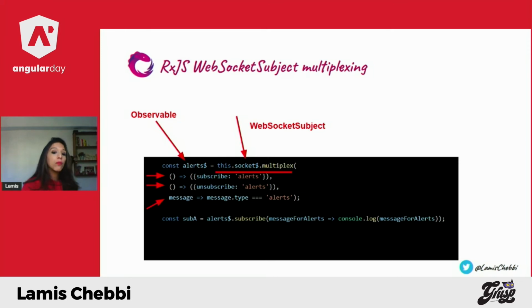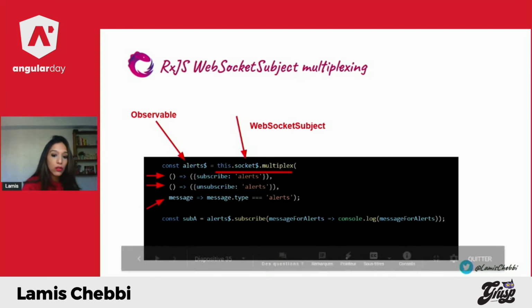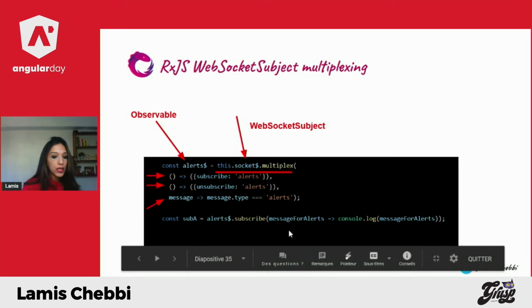So you just tell that those messages should be routed to this special kind of component, so only the subscribers to this special kind will get the message. Here, for example, I put alerts so that the alerts observable will get those messages. And this will return an observable, and you can subscribe to it and process your messages.